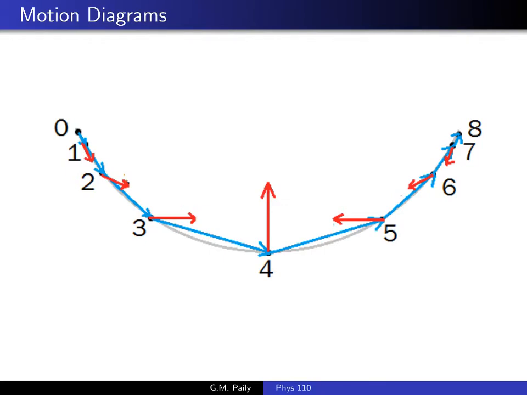You can see that initially the main effect of the acceleration is to increase the length of the arrows, and it still mostly points along the direction of the velocity. But as time passes, it points more and more perpendicular to the velocity, and thus it is changing the direction. At this point, the speed does not change, but the direction does.